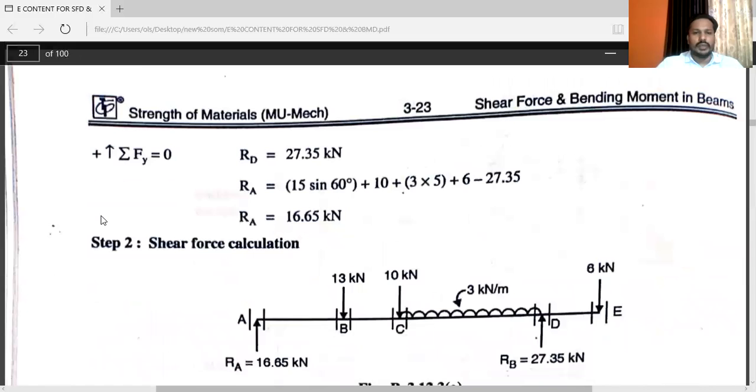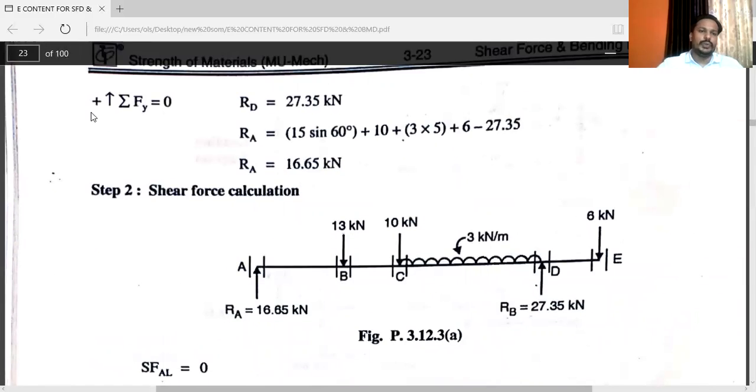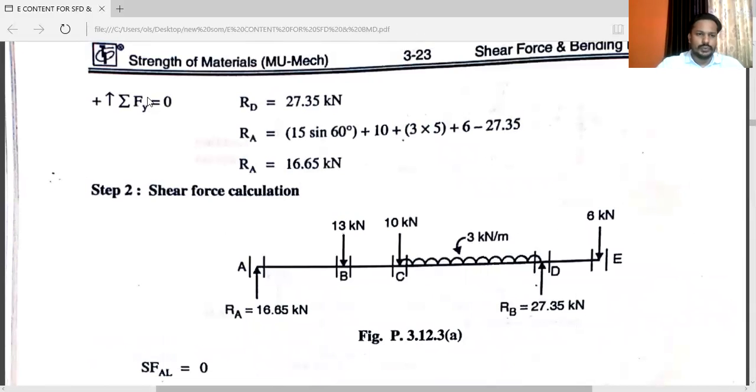Now, by using another condition, we know that all the upward forces are positive, downward force is negative. So summation of Fy is equal to 0. That is another condition of equilibrium. Now we have the value of RD, we just have to calculate the value of Ra. Upward positive, downward negative.